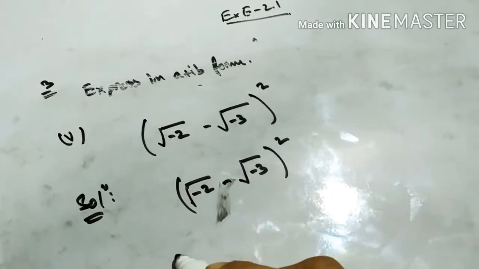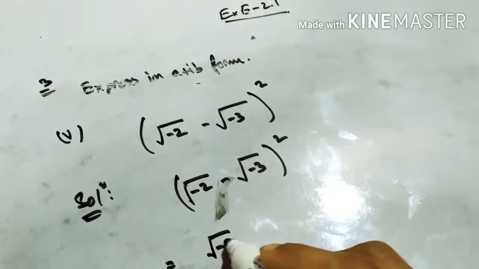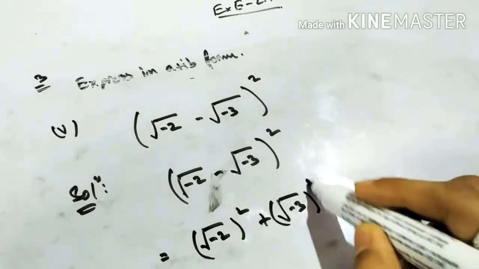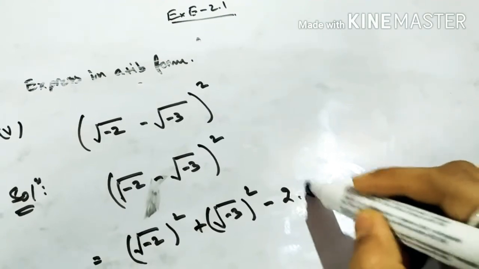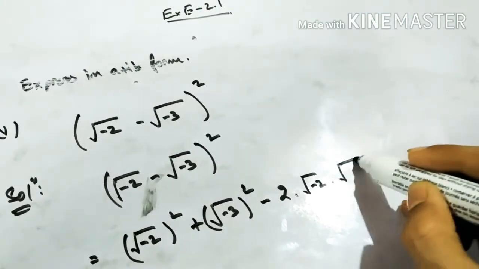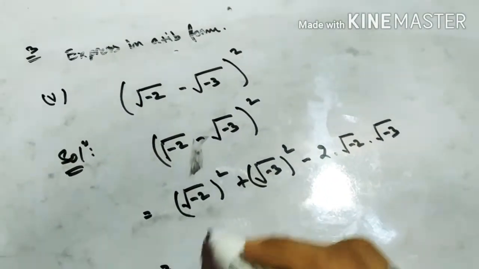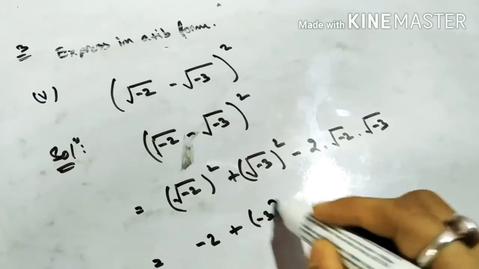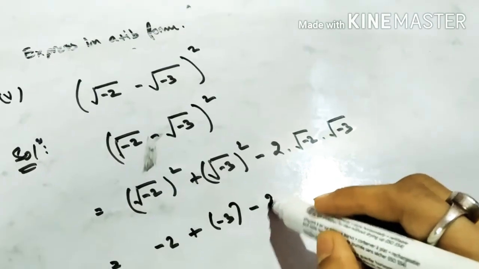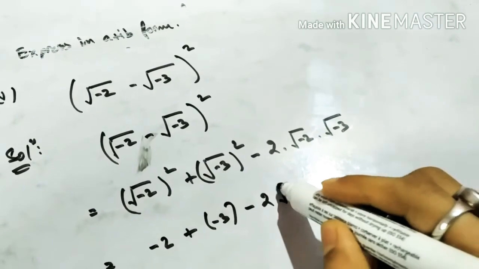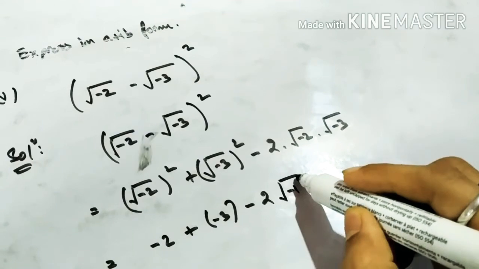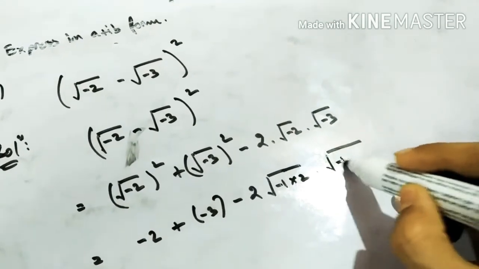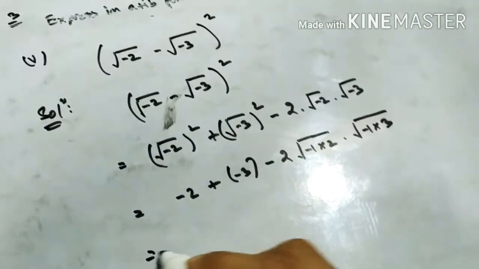This I can write in the form root over minus 2 to the whole square plus root over minus 3 to the whole square minus 2 into root over minus 2 into root over minus 3. So this will become minus 2 plus minus 3 minus 2 root over minus 1 into 2 into root over minus 1 into 3.